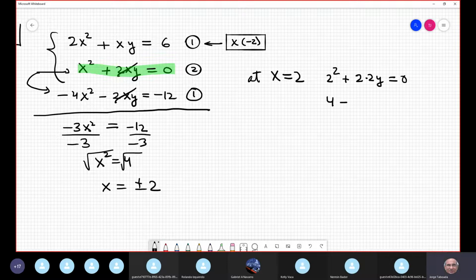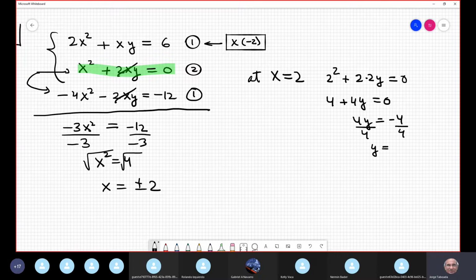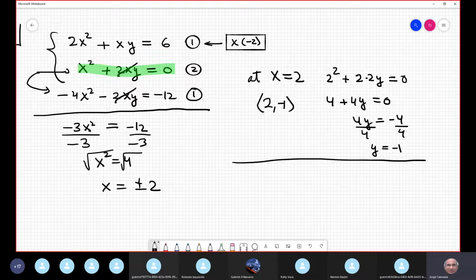It's 4 plus 4y equals 0. So 4y is equal to -4, divided by 4. The answer is -1. At this moment, you match: x is 2 and y is -1. So the point is 2, -1. This is a solution.